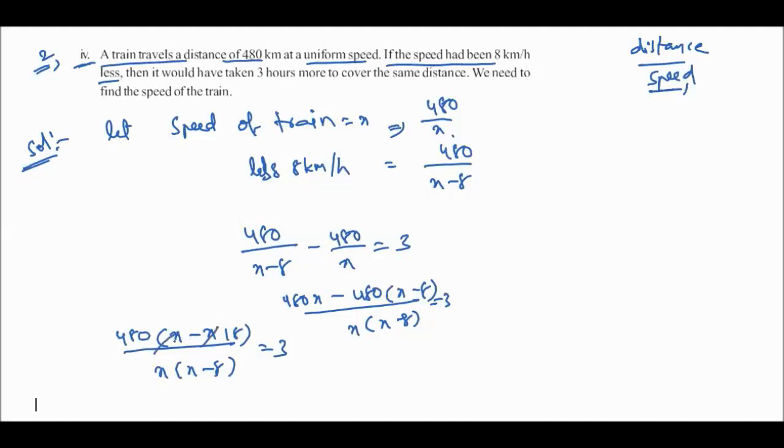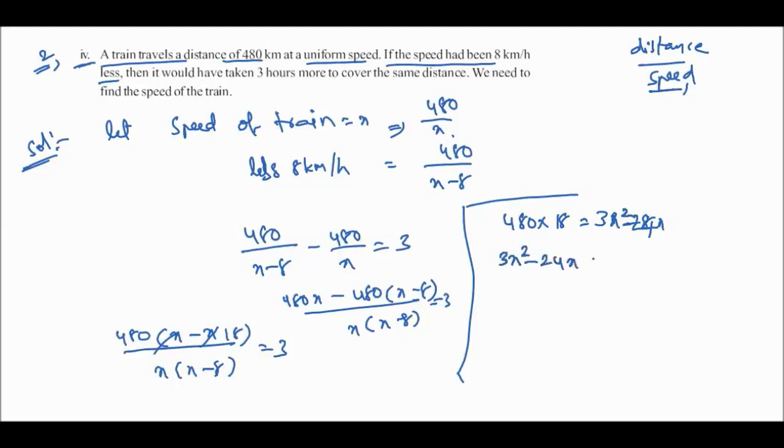So 480 into 8 is equal to 3 into x square minus 8x, that is 3x square minus 24x.